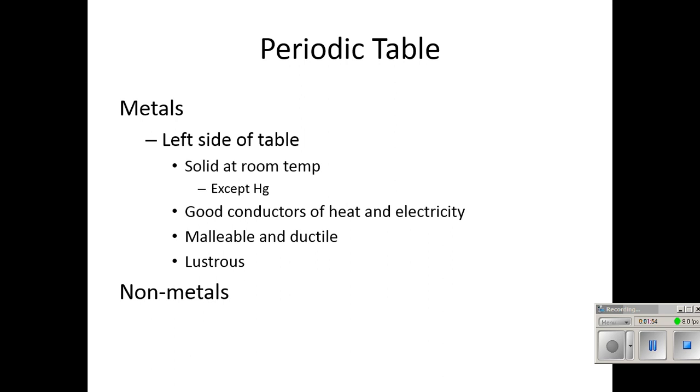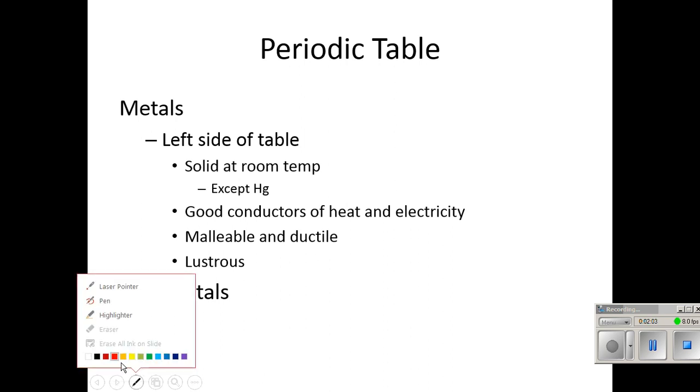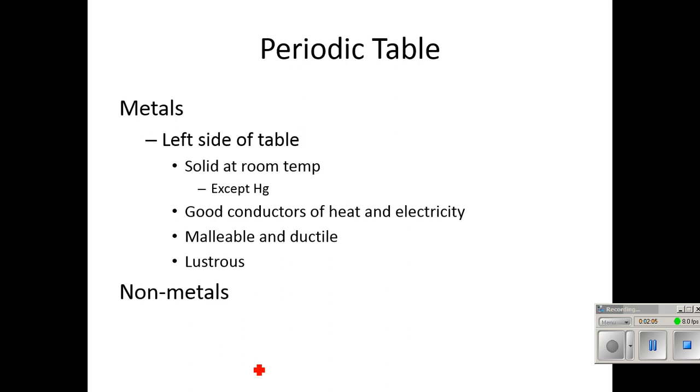Now, we know that non-metals, the prefix means not. So non-metals do not have the properties of metals, meaning that at room temperature, instead of being solid, they're usually liquid or gas. They're not good conductors. The opposite of the word conductor is insulator.